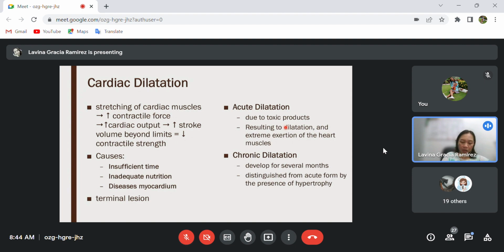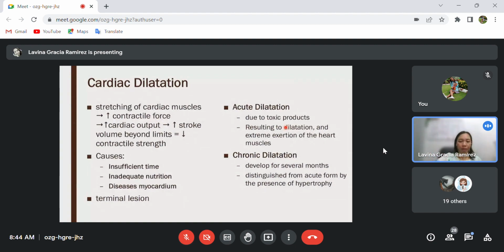Kasi ang usual picture niya is yung congestive heart failure. And if there's congestive heart failure, expected mo na pwedeng apektuhan yung pulmonary circulation for the left, and for the right naman is the systemic circulation, the liver and the kidney.